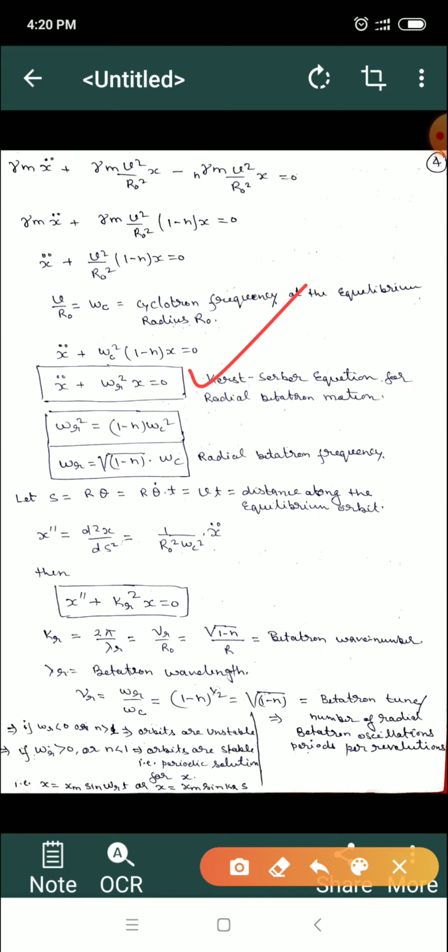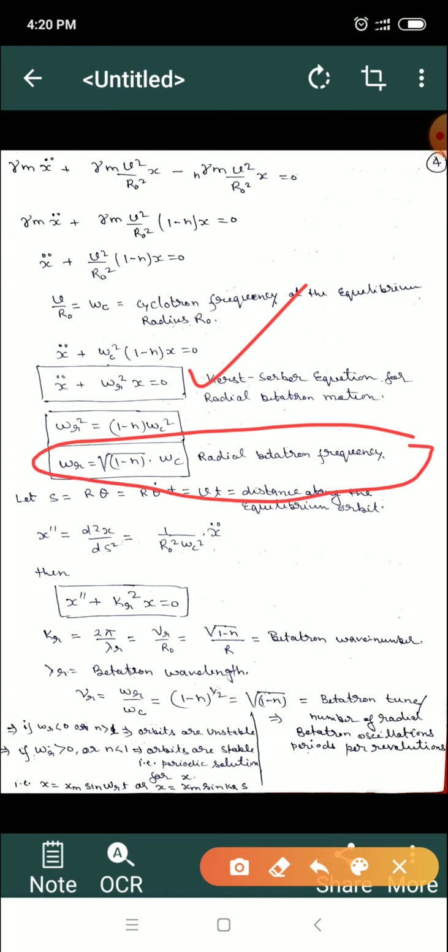Remember, this equation is very important for the focusing of charged particles in a circular path, where omega r square is exactly equal to (1 minus n) omega c square, or we can write omega r is equal to the square root of (1 minus n) times omega c. This quantity is known as the radial Betatron frequency.